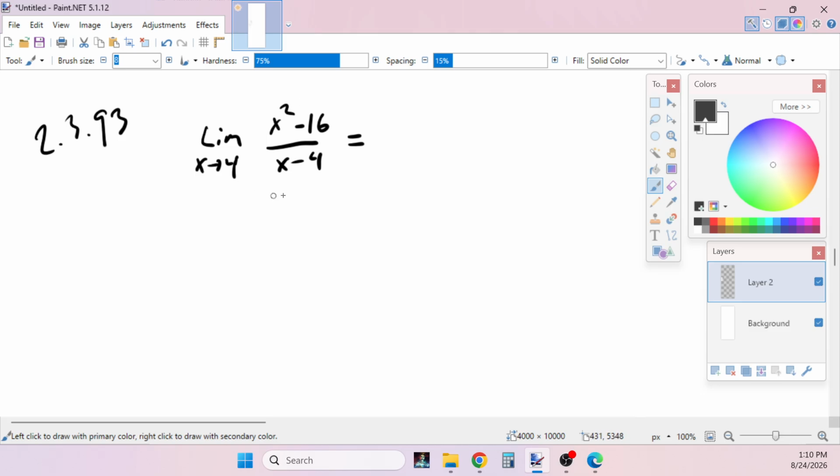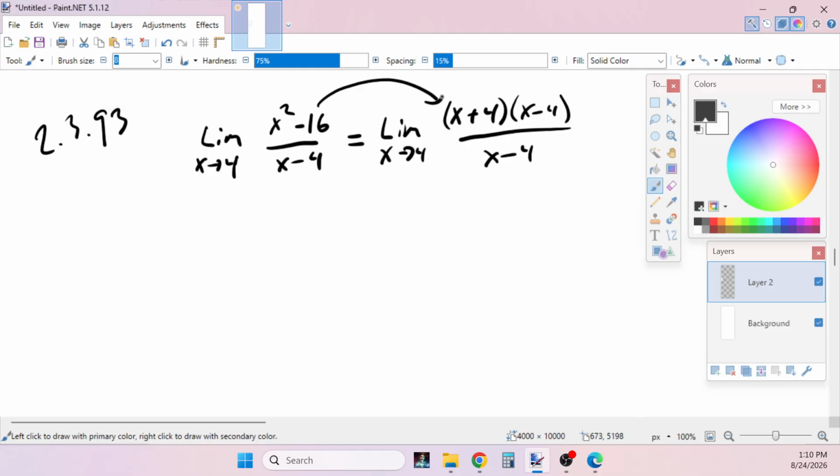So the first thing I'm going to do is factor the function inside of this limit. It's x plus 4 times x minus 4 over x minus 4. I just factored the numerator. I can now cancel the common factor from the numerator and the denominator.